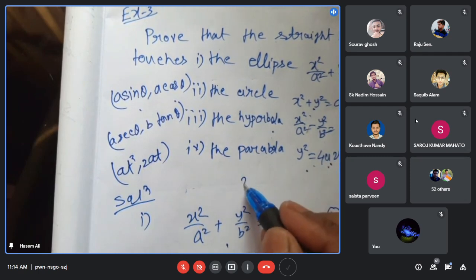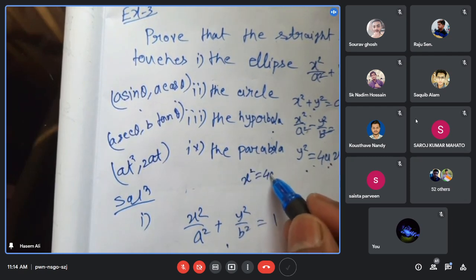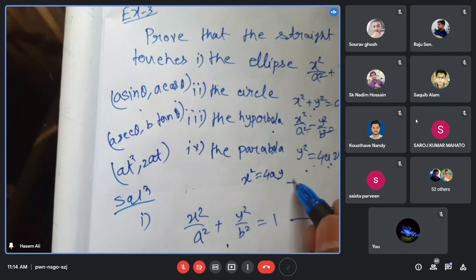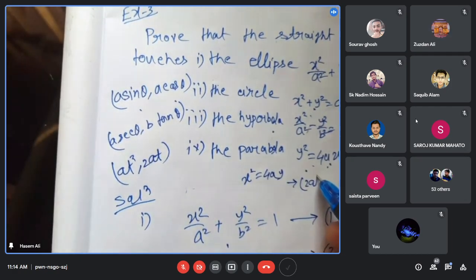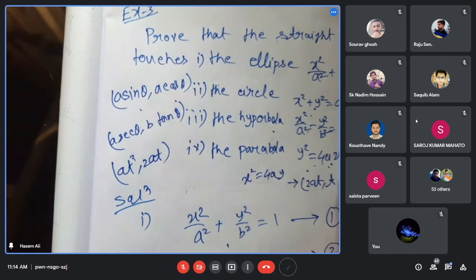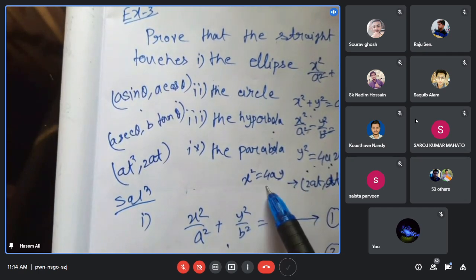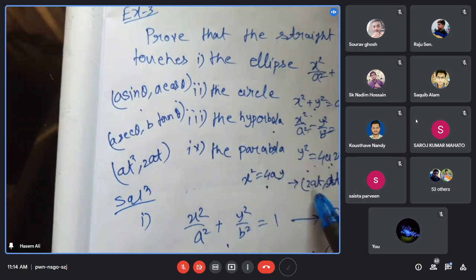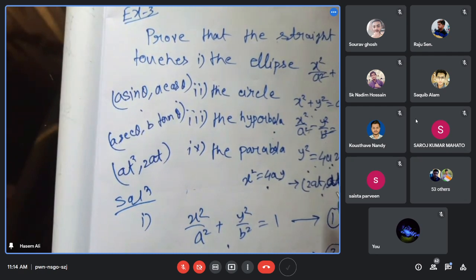If the parabola is in the form x² = 4ay, then the point will be (2at, at²). Because just put this value in this equation, then the equation is satisfied.